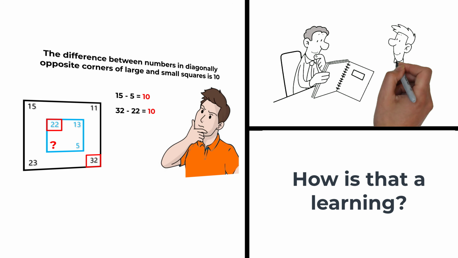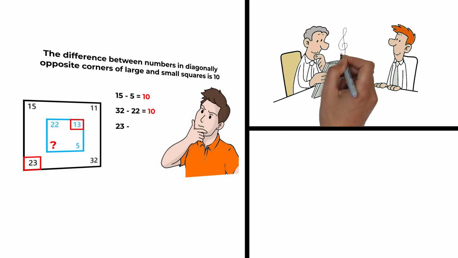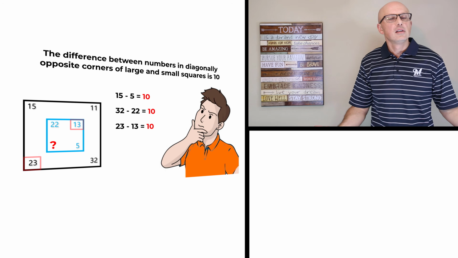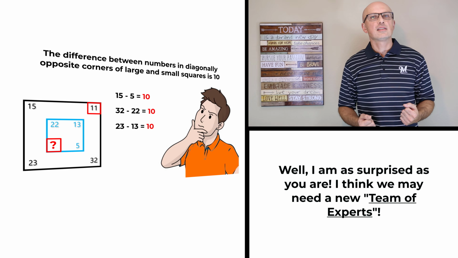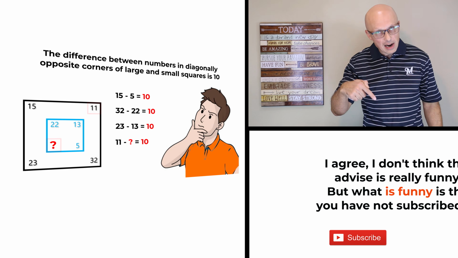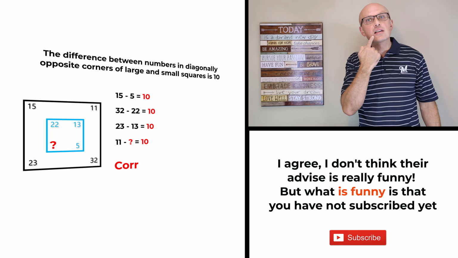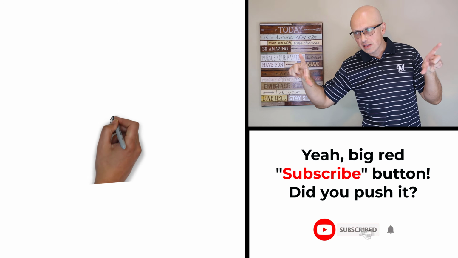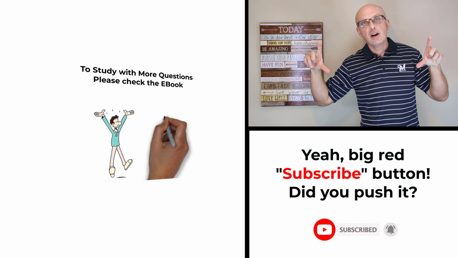And the lower left corner, the difference between 23 and 13 is 10 as well. So to calculate the missing number, we need to calculate the difference between 11 and 10. And the difference is 1. So the correct answer here is choice A, 1. Hopefully you've nailed this question and now know how to answer similar problems on the test.